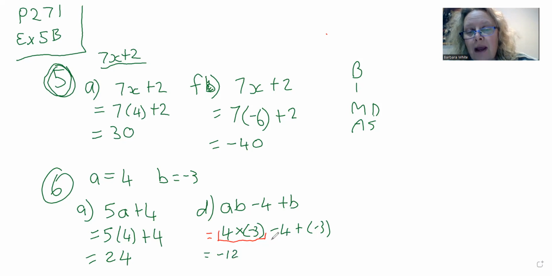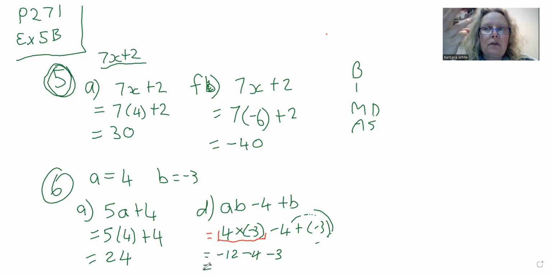Then we're taking 4 away. That's the next step. Take away 4. And adding a negative is the same as taking away, so that's take away 3. And we end up with minus 12, take away 4, so minus 13, 14, 15, 16. Take away another 3. That's minus 19.